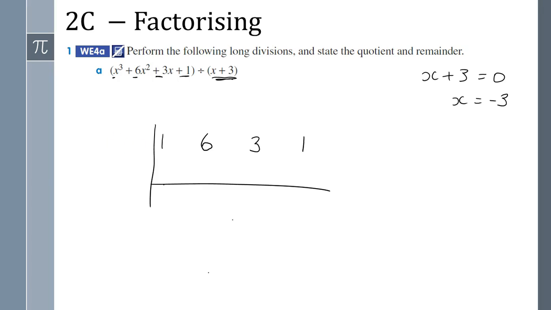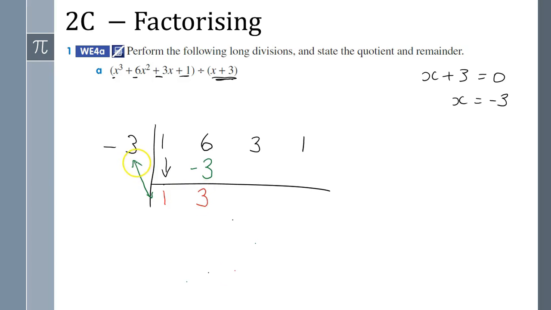Actually, I might color coordinate this. Okay, so I'm going to bring the 1 down first to the bottom. I am then going to multiply the negative 3 by the 1, which is negative 3, and pop it here. Then 6 take away 3 is 3.